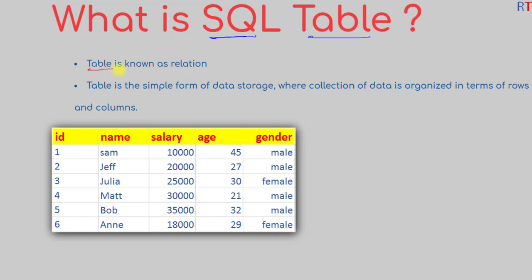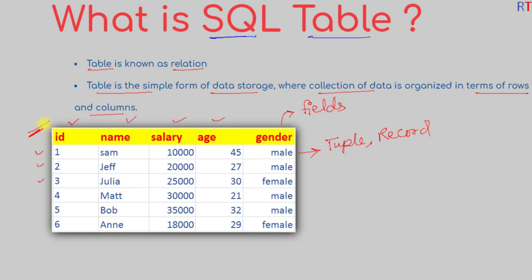So the table is also known as a relation, and the table is a simple form of data storage where the collection of data is organized in terms of rows and columns. Like in this example, here we have one table which comprises columns and rows, and all the columns are called fields and all the rows are called tuples, or also called records.